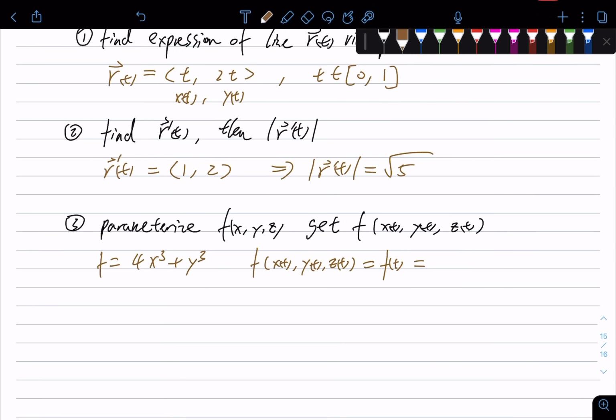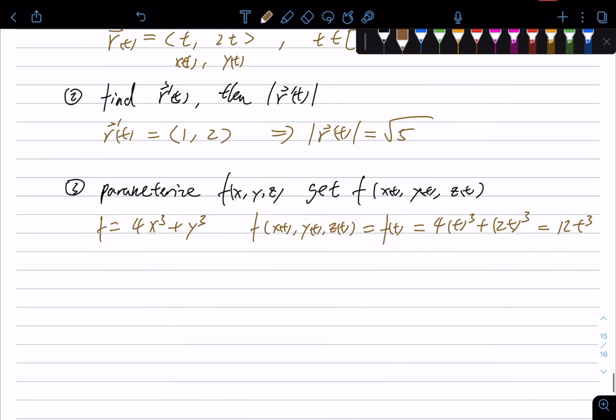It will equal, right, whenever we see an x in the function f, we plug in the parameterized coordinate of the r of t, right? So what we're going to end up with is 4t cubed plus 3 times 2t, right? That's y to the cubic. And this will give us 12t cubic.